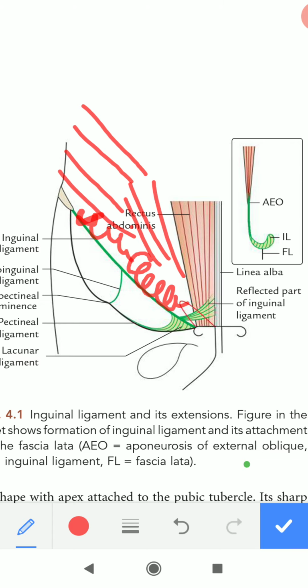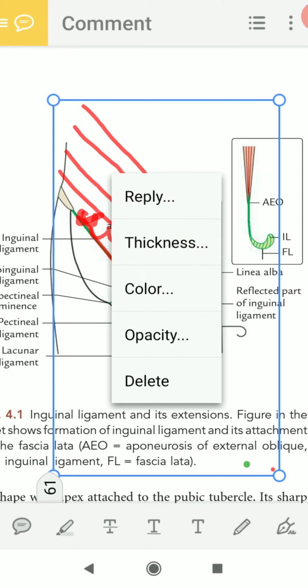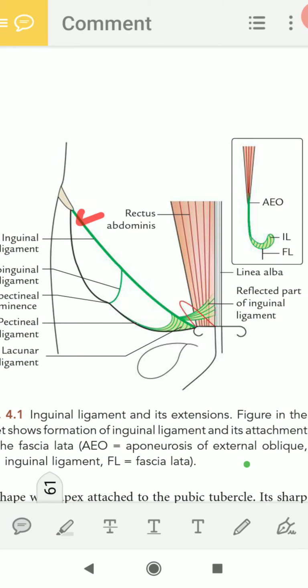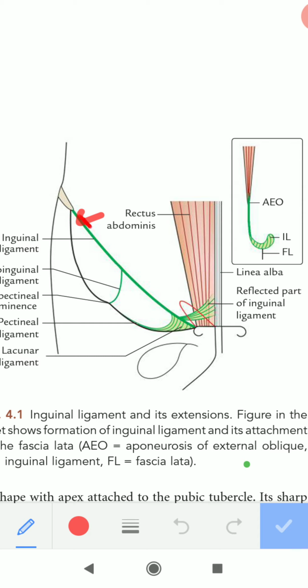This is known as the inguinal ligament. So the inguinal ligament is nothing but the thickened and backward folding of the aponeurosis of the external oblique abdominis muscle. So this is the inguinal ligament.